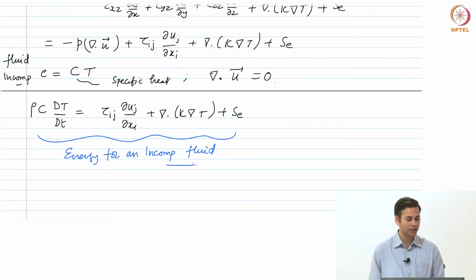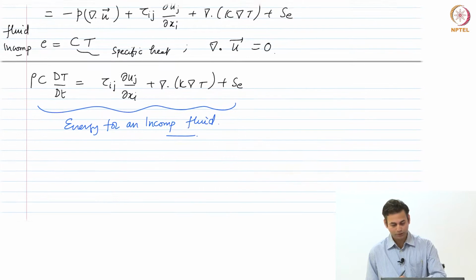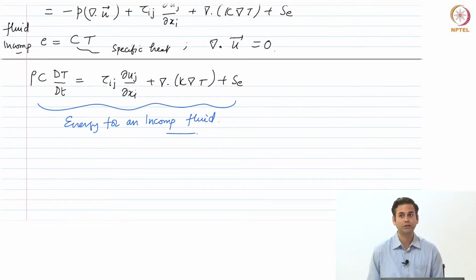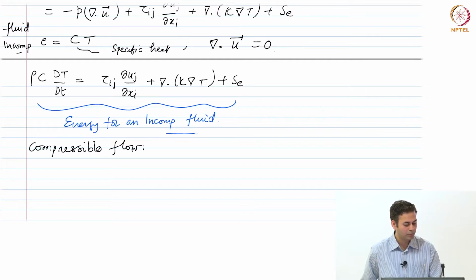Okay, so this is nice and good, but for compressible flows, you would usually work with enthalpy. If you are dealing with compressible flows, which we are actually not discussing the solution algorithms for as part of this course, but for the sake of completeness, I would write it down here. So, if we have compressible flow, you would write equations in terms of enthalpy, because that is much easier to work with.